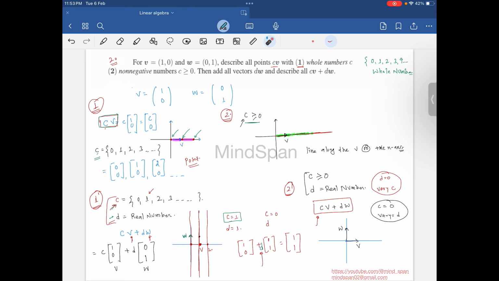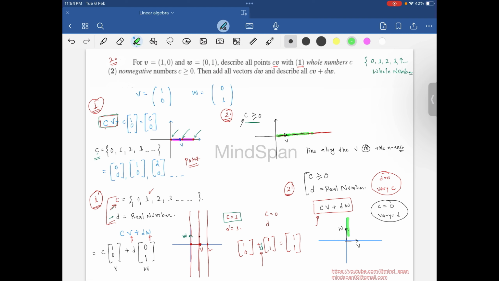Because now you see in this case we have this gap remaining, right? Now since we can take any value of c, we will not have these gaps, we will be filling all this, right? There will be no gap. So what you will get is the complete half plane.